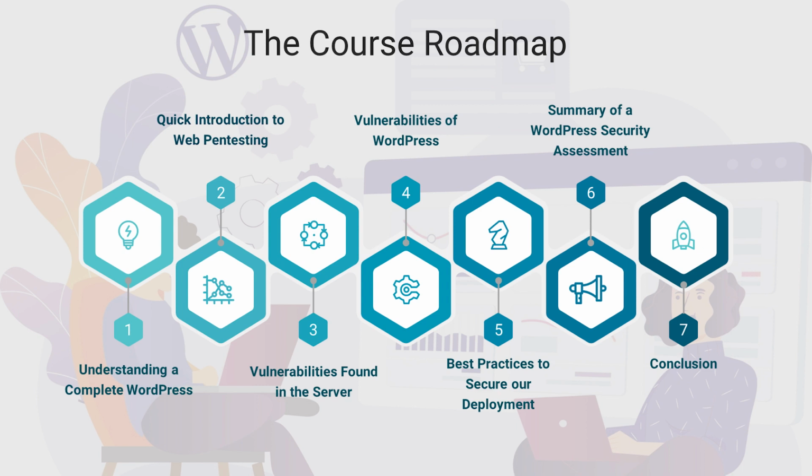So we're going to move from there to the 6 or 7 section, which is the summary of a WordPress security assessment. This is probably one of the most interesting sections of the whole course, because we kind of change gears here. We will flip around the perspective when it comes to WordPress security assessments. For now, we have seen all the vulnerabilities and how to fix them.